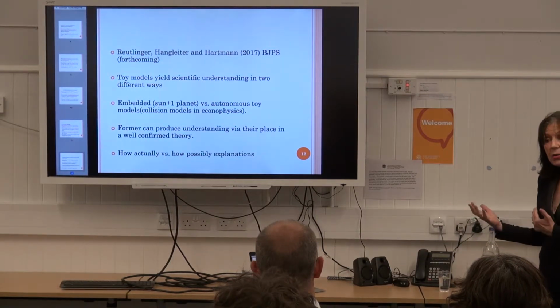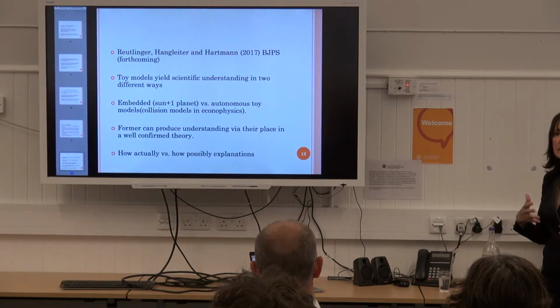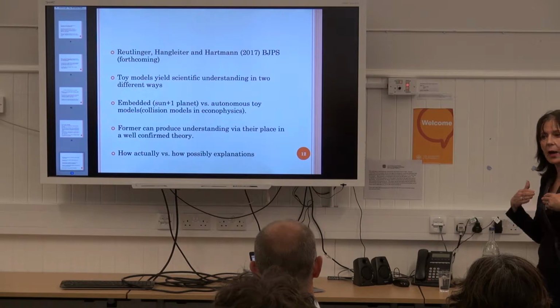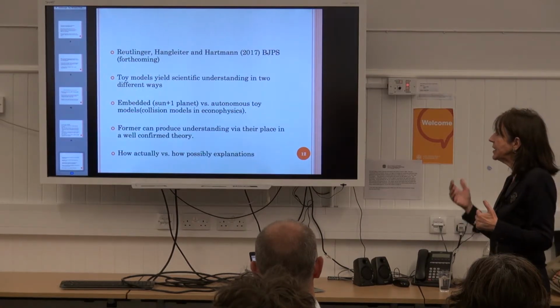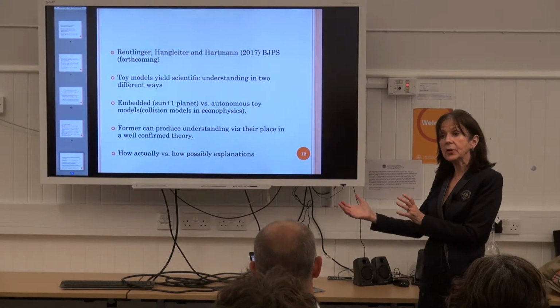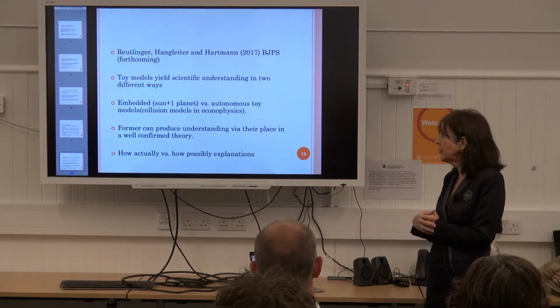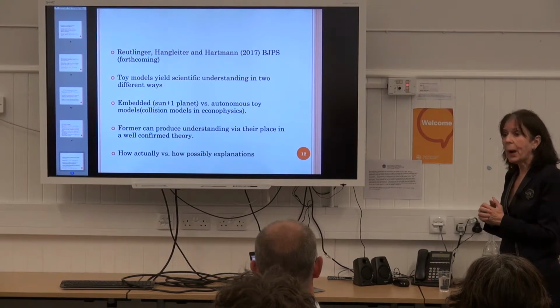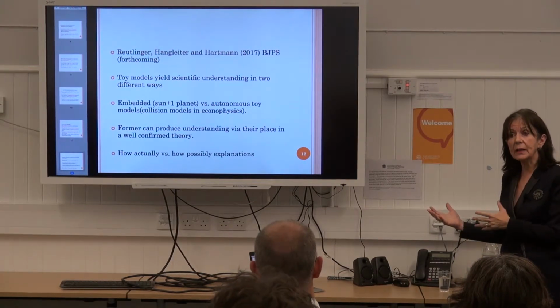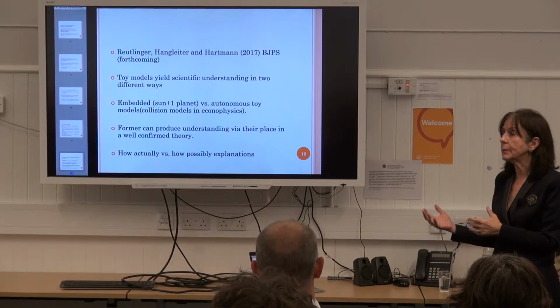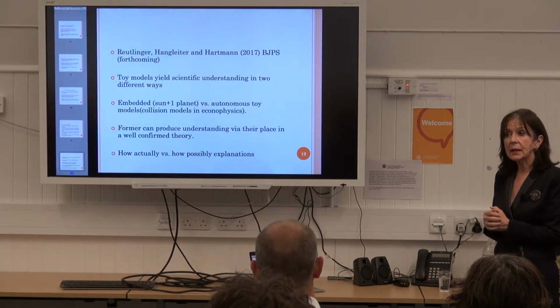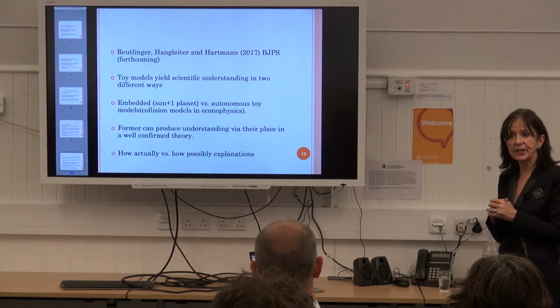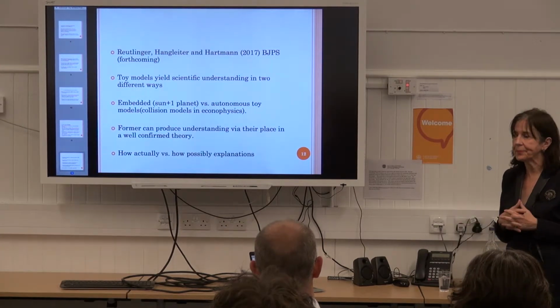But we can use that toy model to make lots of calculations and other kinds of activities because it's embedded in Newtonian physics, which is a highly successful theory. Autonomous models, by contrast, don't have any kind of theoretical embedding in them, and they instead yield how-possibly explanations. So they're very much hypothetical.